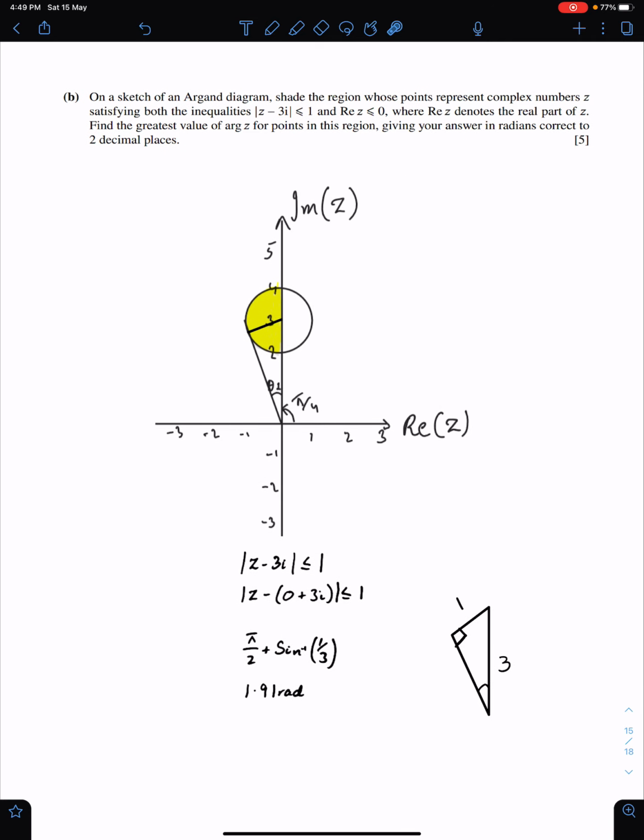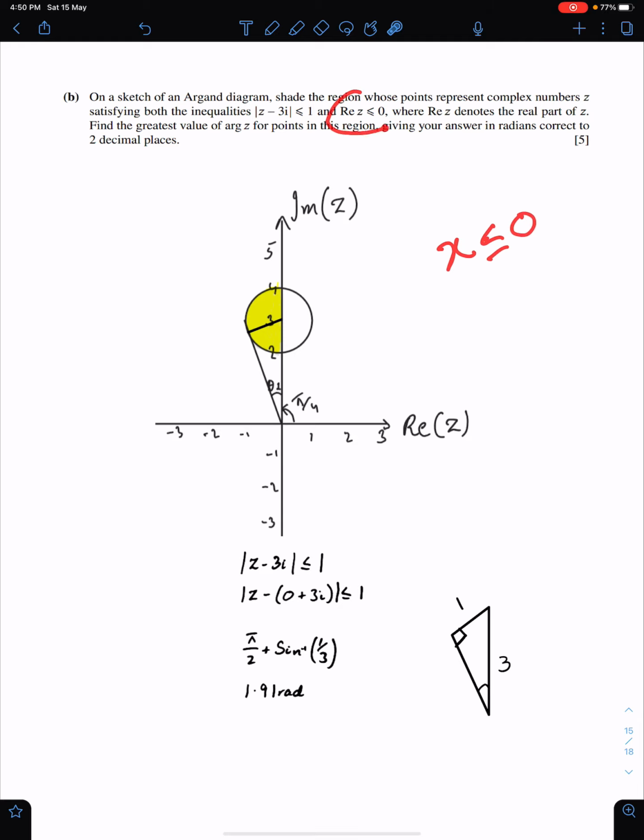Part B. On a sketch of an Argand diagram, shade the region whose points represent complex numbers satisfying both of these two inequalities. This is the equation of a circle, center 3i and radius 1. Here is the circle, center 3i and radius 1. And this is the horizontal line, x less than or equal to 0.